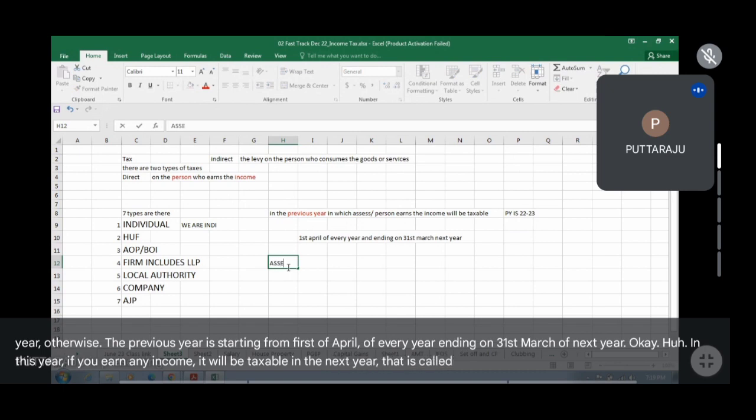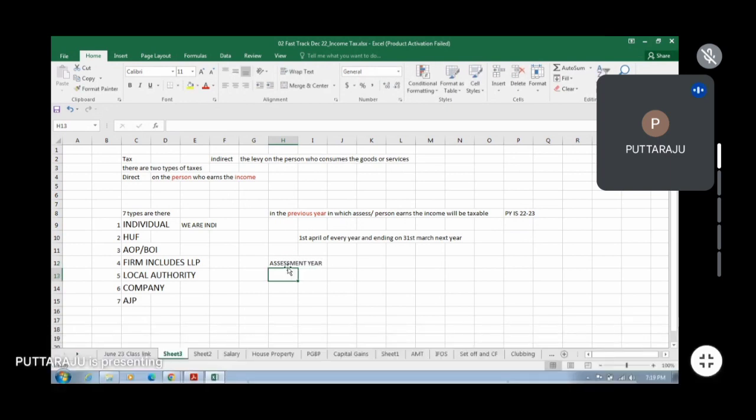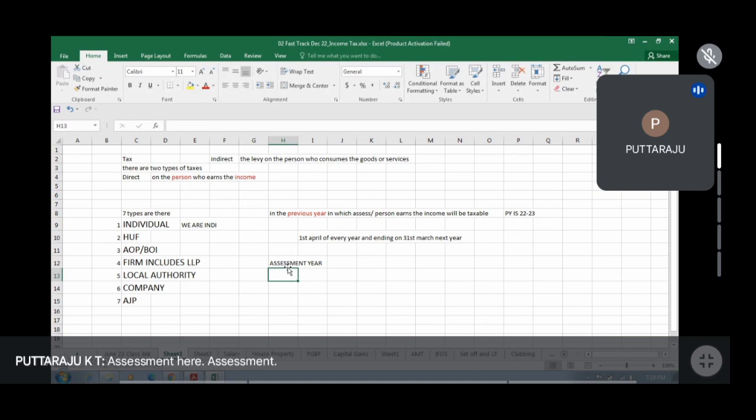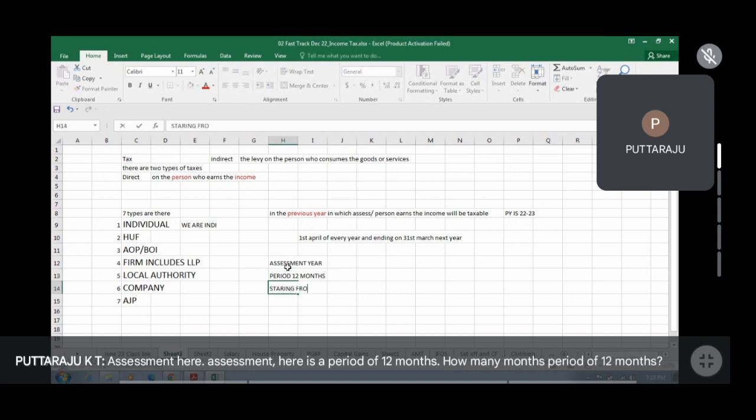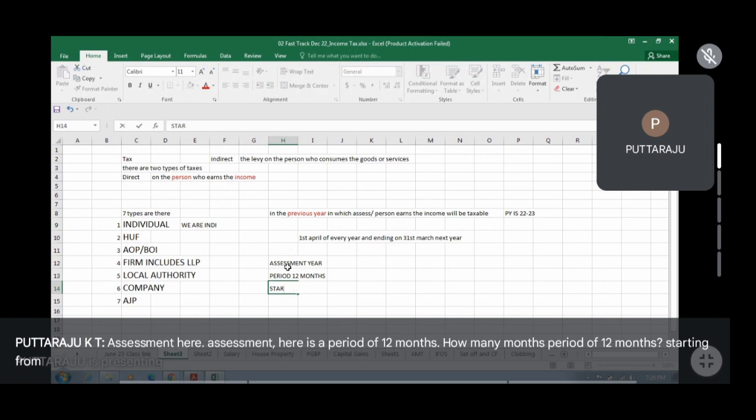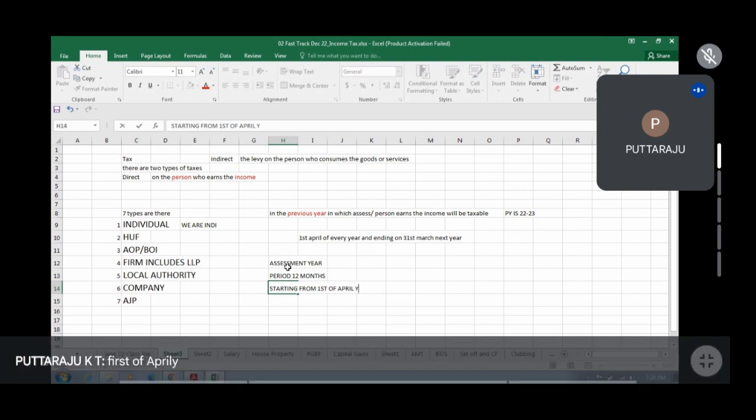That is called assessment. Assessment year is a period of 12 months, starting from 1st of April every year and ending on 31st March of next year.